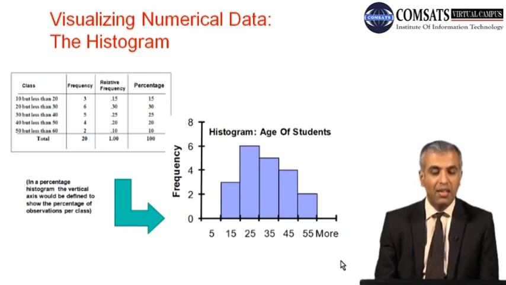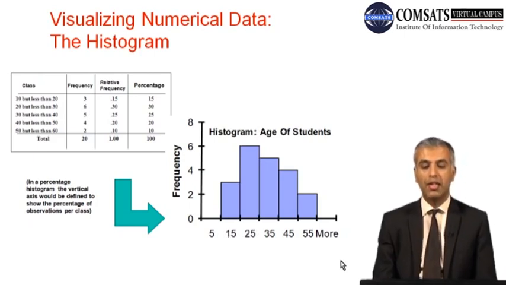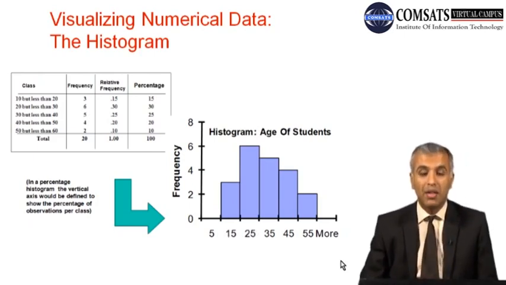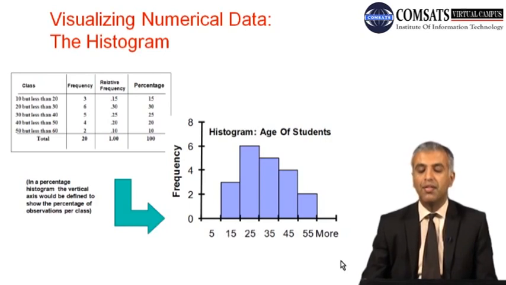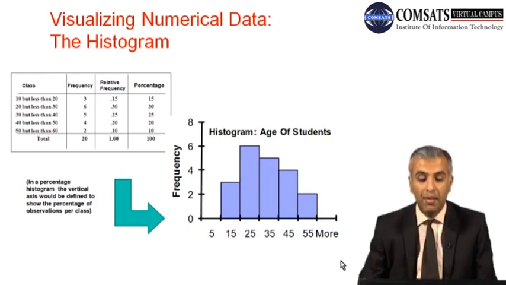Now once this whole chart is given, this can be displayed in the form of a diagram, which is also termed a histogram. The midpoints are displayed on the x-axis as we have discussed in the previous slide, and here you can see on the x-axis the midpoints are given as 5, 15, 25, 35, 45 and 55.